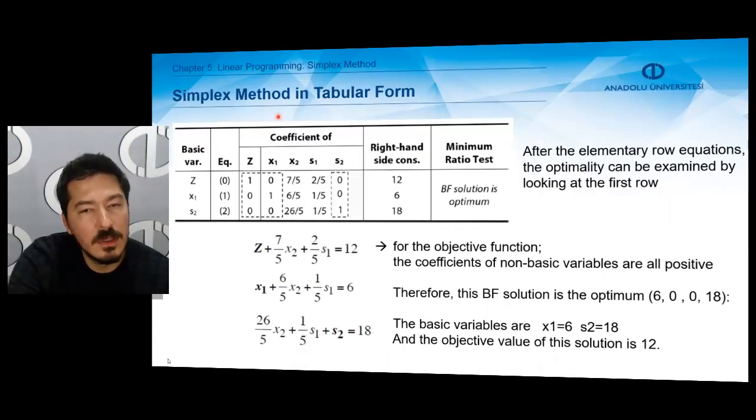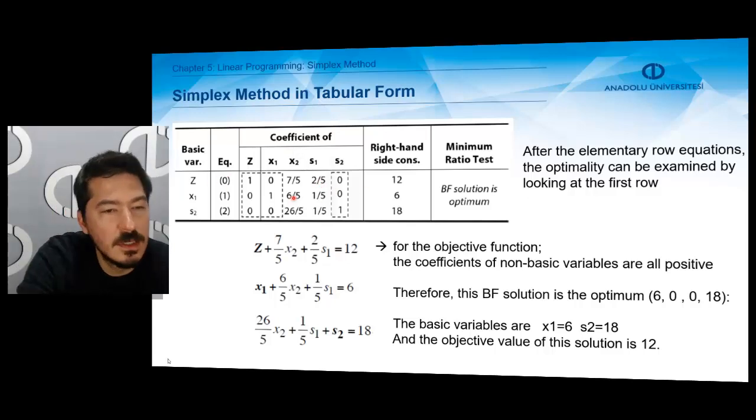After the elementary row operations, the optimality can be examined by looking at the first row here. This table is ready for the optimality check, as each row has a unique basic variable with a coefficient of 1. So we can check the optimality on the first row.